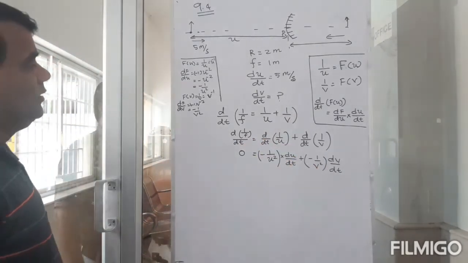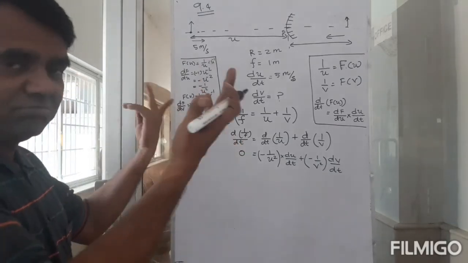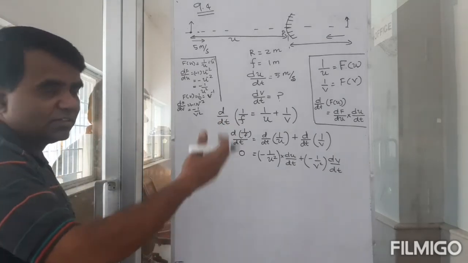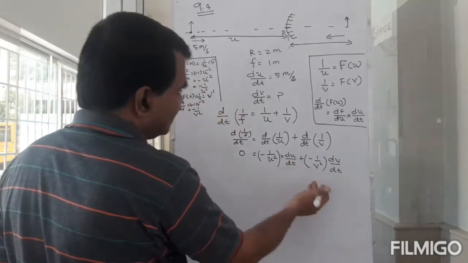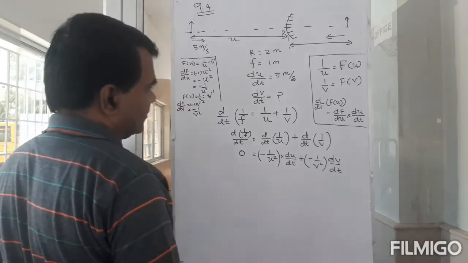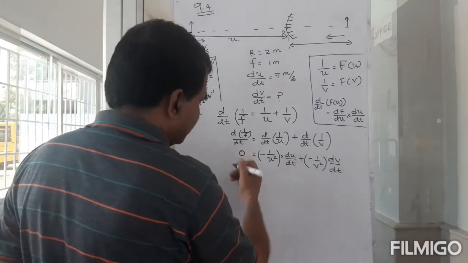This is 0. This is a constant. F is a constant, so it doesn't change. There is no change with respect to time. The focal length doesn't change, so it's 0. Then I bring one of them to the other side. I'll bring dv by dt.